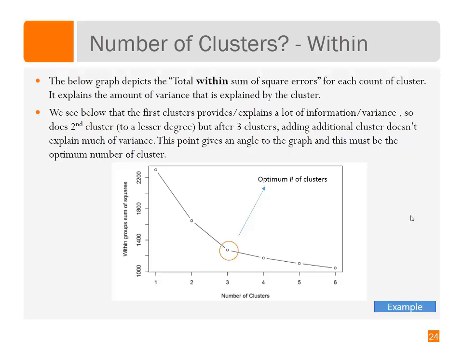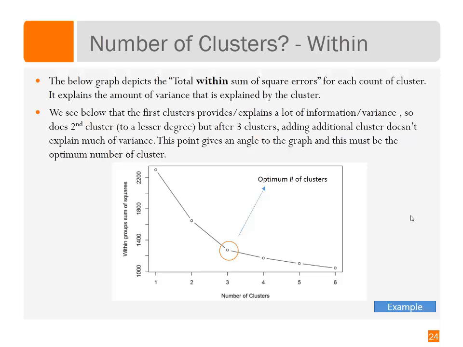And so what it does is it explains the amount of variance that's explained by each number of clusters. So there's a different degree of error if I have 2 clusters versus 3 clusters versus 4 clusters. And so we see in the chart that the first cluster provides and explains a lot of variance.